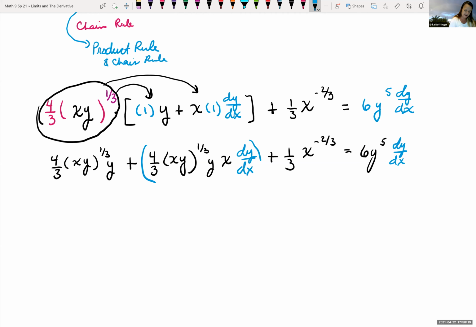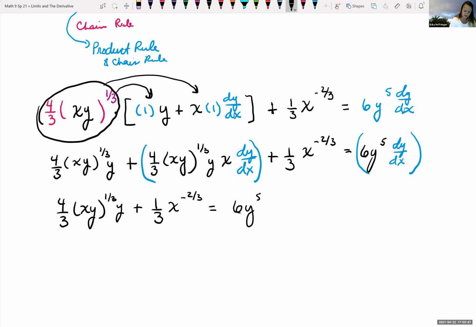So this piece and this piece we want on one side. So let's just subtract that one. Let's bring down our 4/3 (xy)^(1/3) y plus 1/3 x to the negative 2/3 is equal to 6y to the 5th dy/dx.